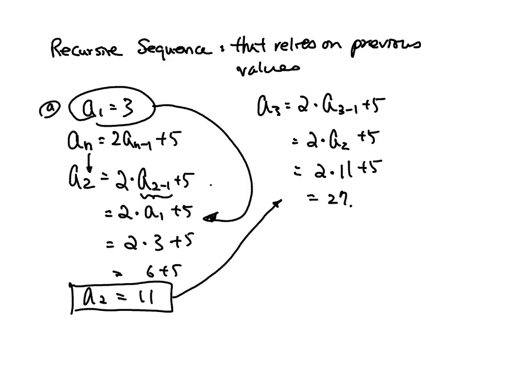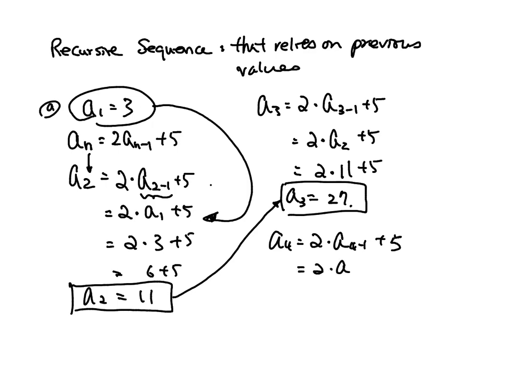Okay? A sub 3 is 27. A sub 4 is 2 times a sub 4 minus 1, plus 5, so 2 times a sub 3 plus 5. So 2 times 27 plus 5, which is 54 plus 5, that is 59.